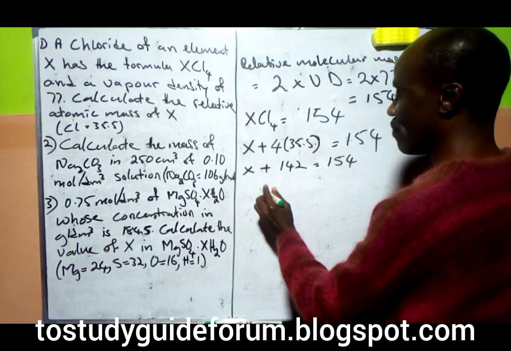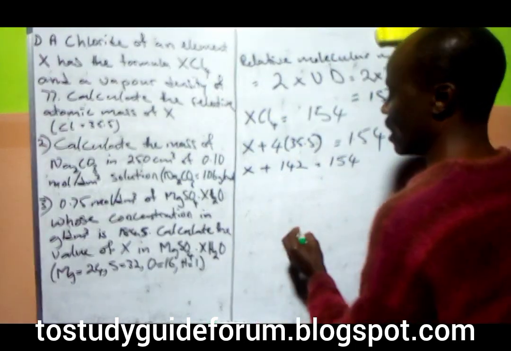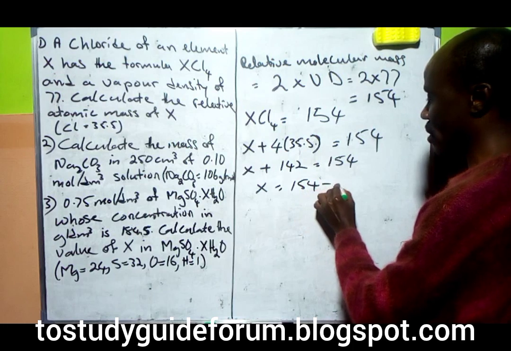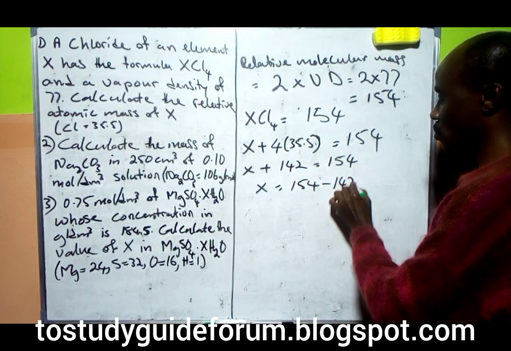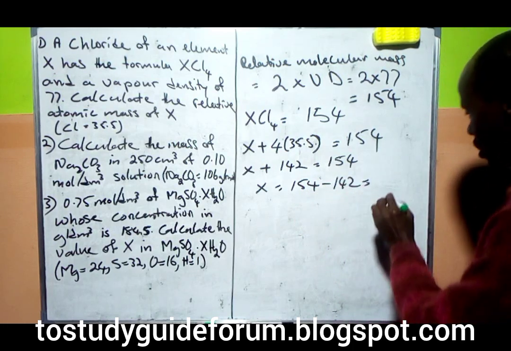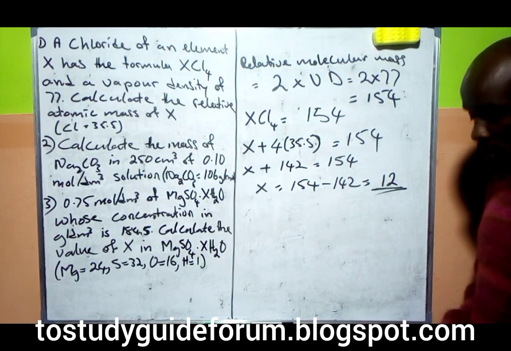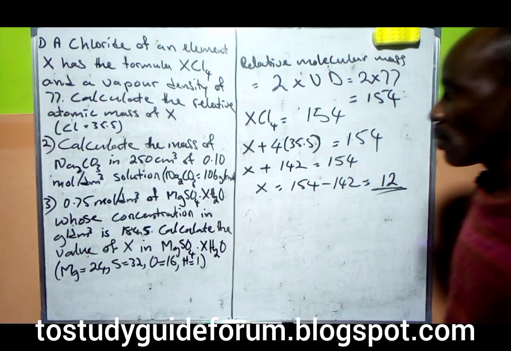To get the relative atomic mass of X, which is what they ask us, it will be 154 minus 142. That will give us 12. That is what we have for this first question.